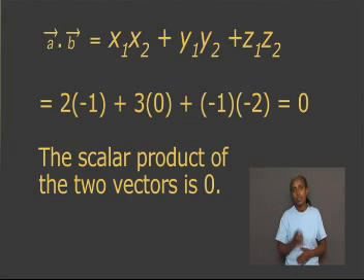We must multiply that sum by the cosine of the angle between the two vectors. But since the angle is 90 degrees, the cosine is equal to 0, and we are left with the same result. It is time for another activity, students.